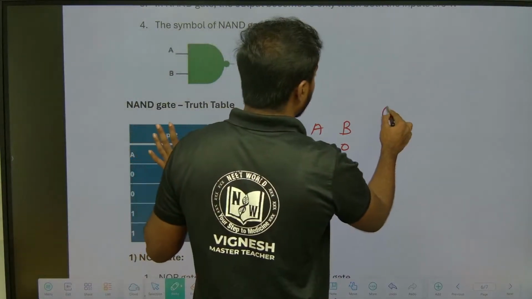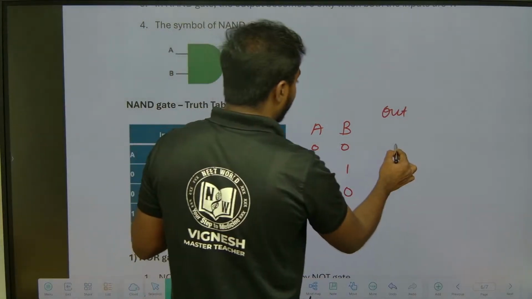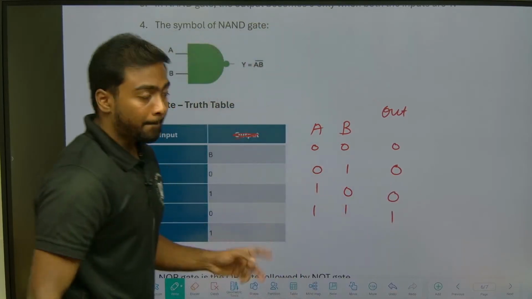What output will I get for the AND gate only? I'll get 0 0 0 1.